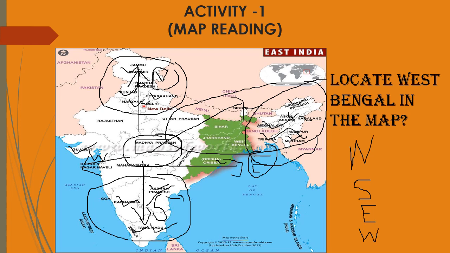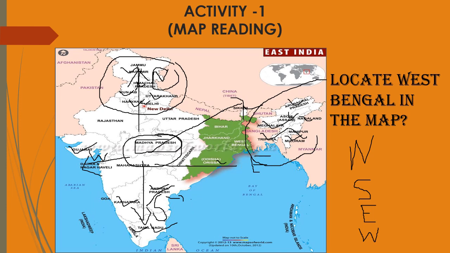Now moving on to our question, we have to locate West Bengal on this map. So I have cleared some part for you. Now you will see where is West Bengal.